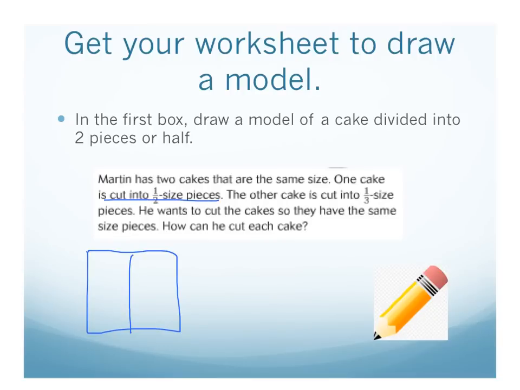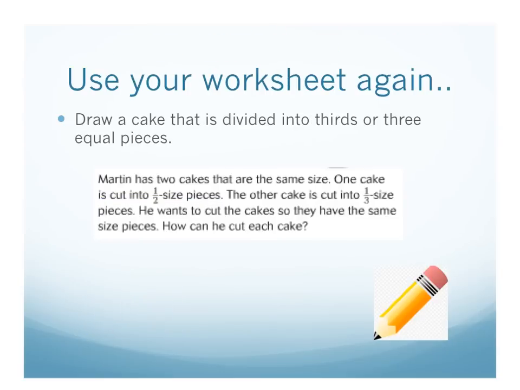This is the piece that is cut into half-size pieces. Now in the next box, draw a cake that is divided into thirds or 3 equal pieces. Try to draw the same size square that you drew in the first box, and now we're going to divide it into thirds. This would be the second cake.